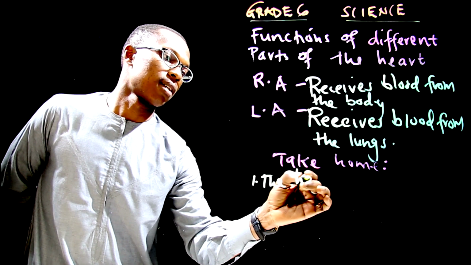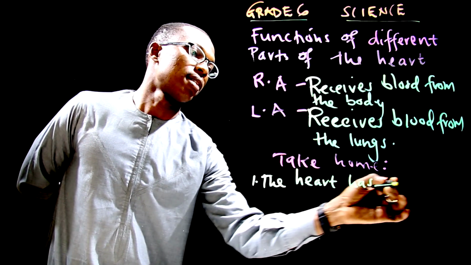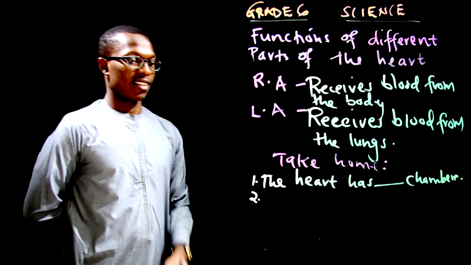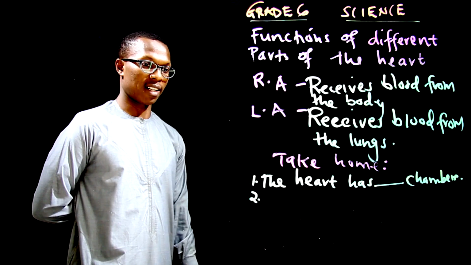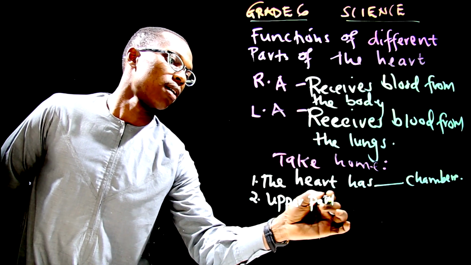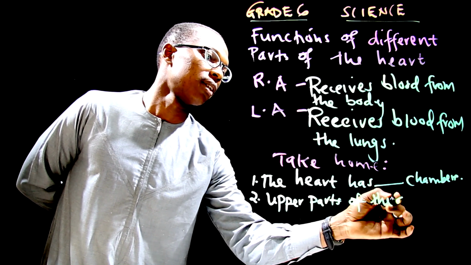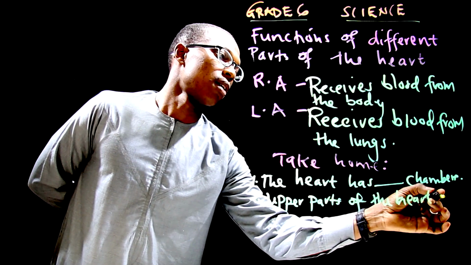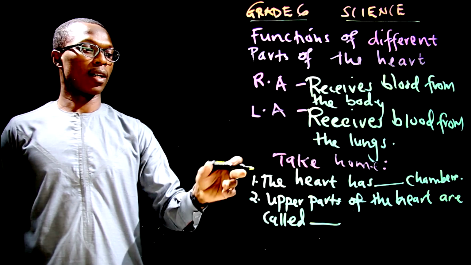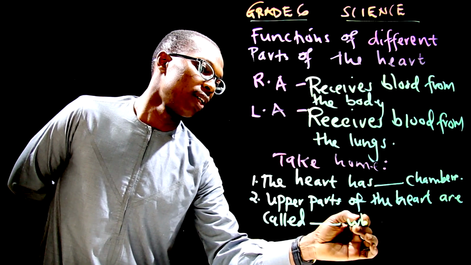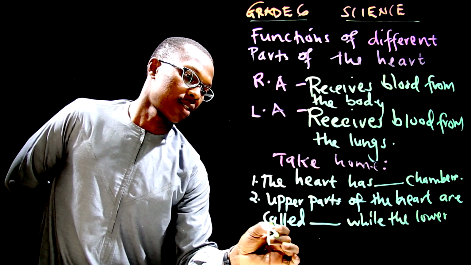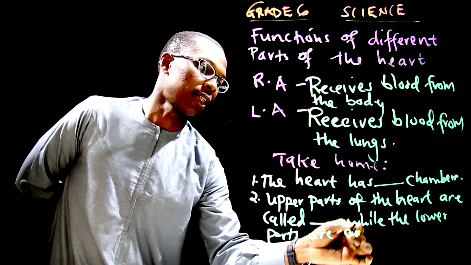the heart has dash chambers. How many chambers does it have? That's still fresh in your head, right? And then the upper parts of the heart are called dash, while the lower parts are called dash.